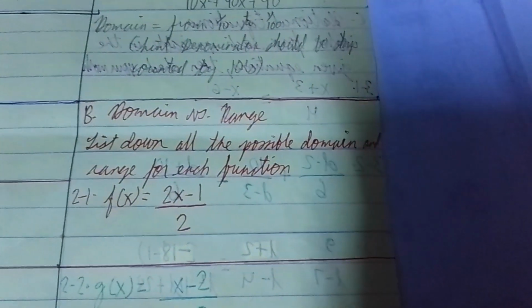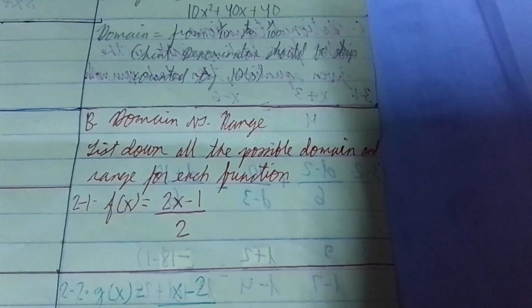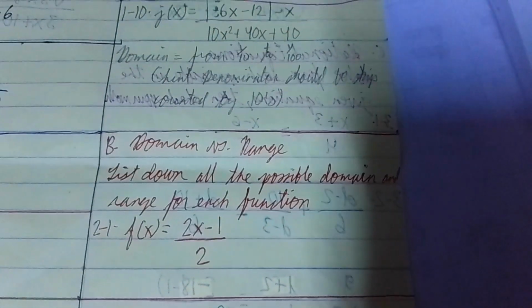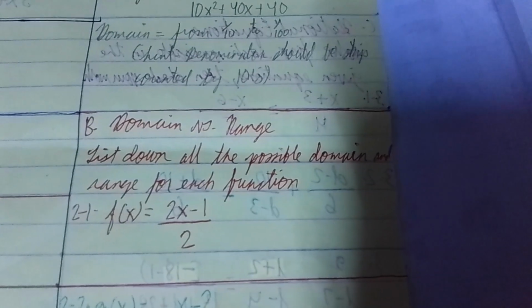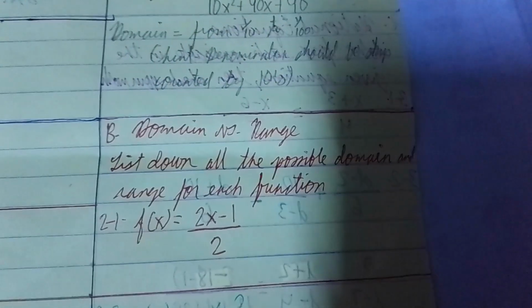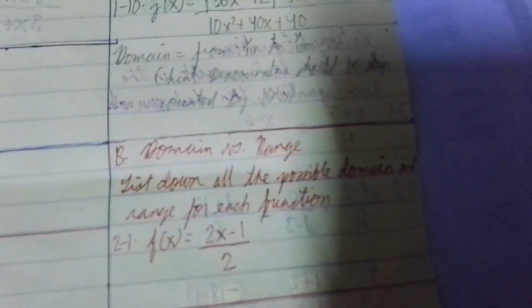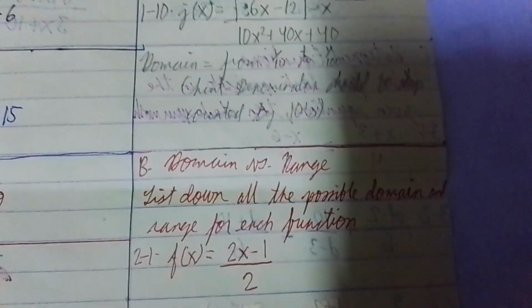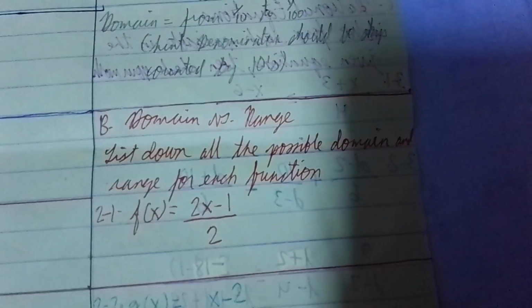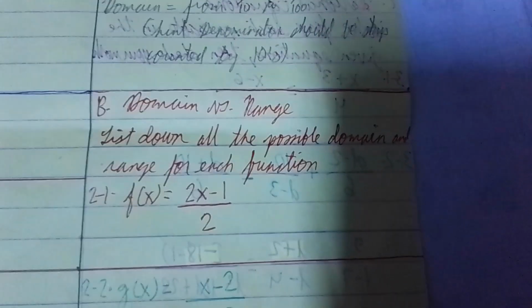Because if x were any number, this can still be considered a function. Kahit i-plot mo sa graph, it's still a function. Walang restriction dito. Kasi nga, remember what I told you about the restriction of the function? If the square root were a negative number, and at the same time, the divisor is equivalent to 0. So this one, wala tayong restriction.